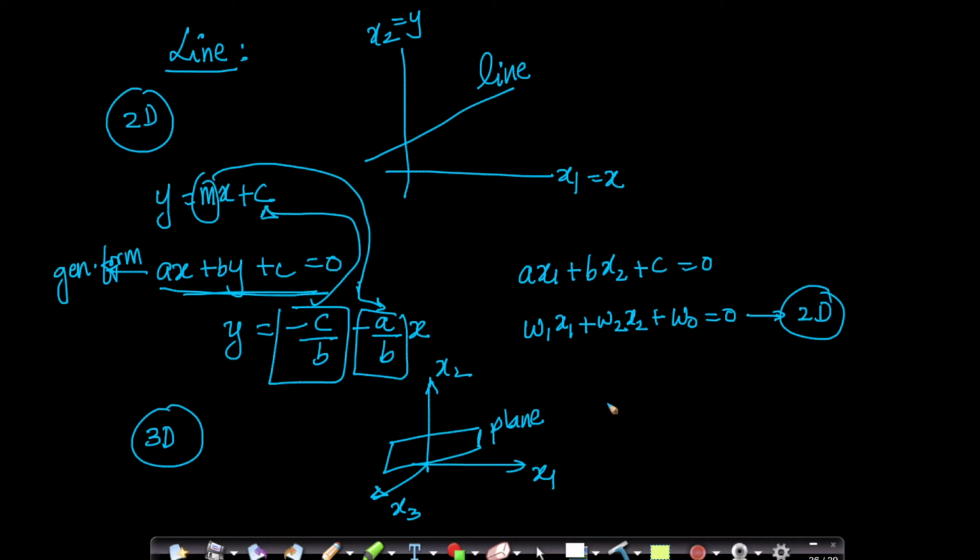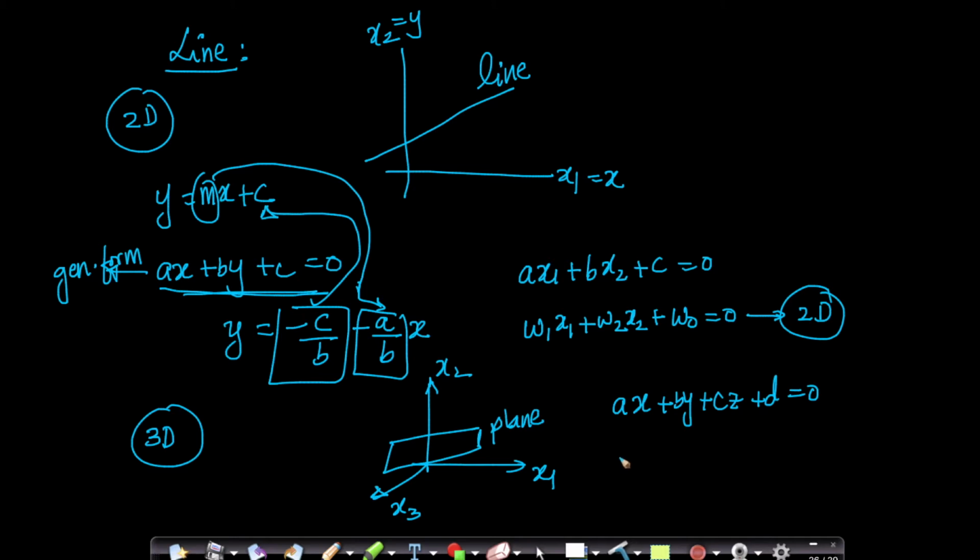The equation of a plane, for those of you who might remember it, looks like this: ax plus by plus cz plus d equals 0. Some of you may be familiar with this from your undergrad math course.